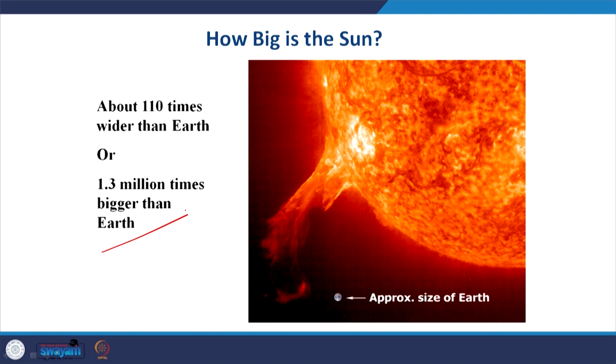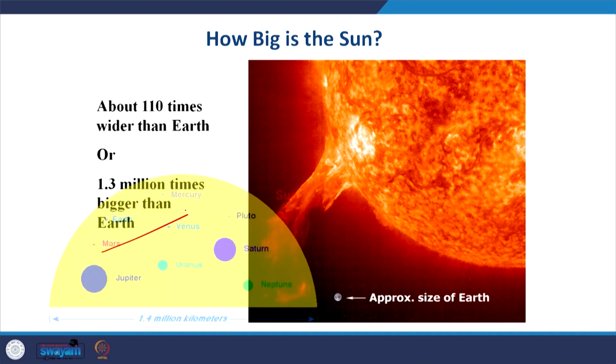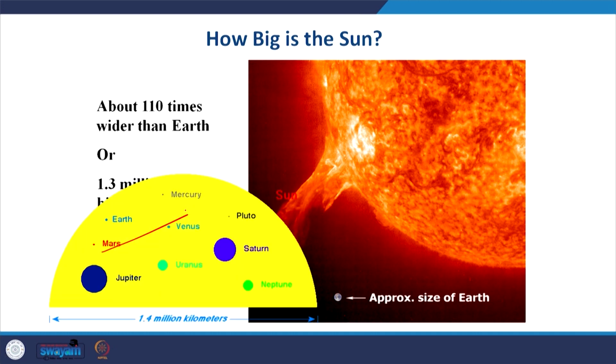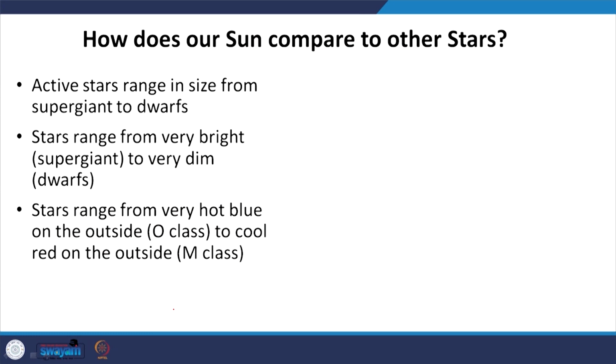If you compute the volume and take a ratio, you will get 1.3 million. The sun is by far the largest object in our solar system, and 98% of the mass of the solar system is just the sun. The diameter of the sun is nearly 1.4 million kilometers. Density is a different thing, but the size of the sun is of this dimension. So, in comparison, earth is a very small object in the solar system.